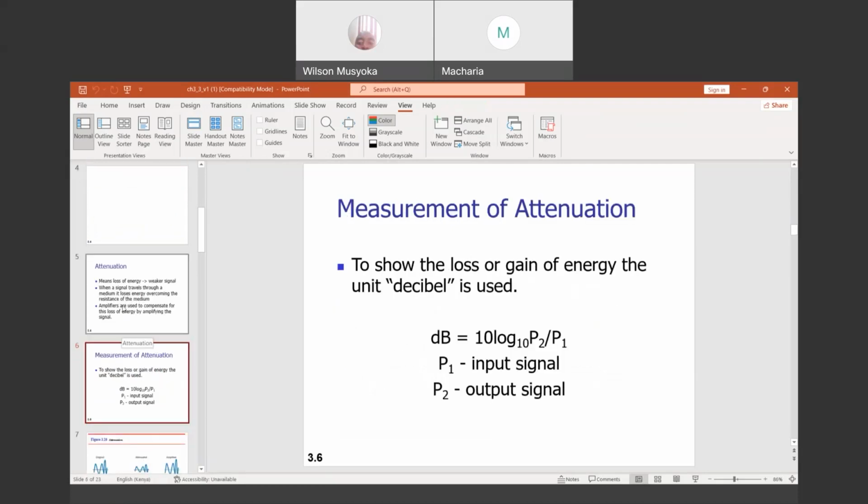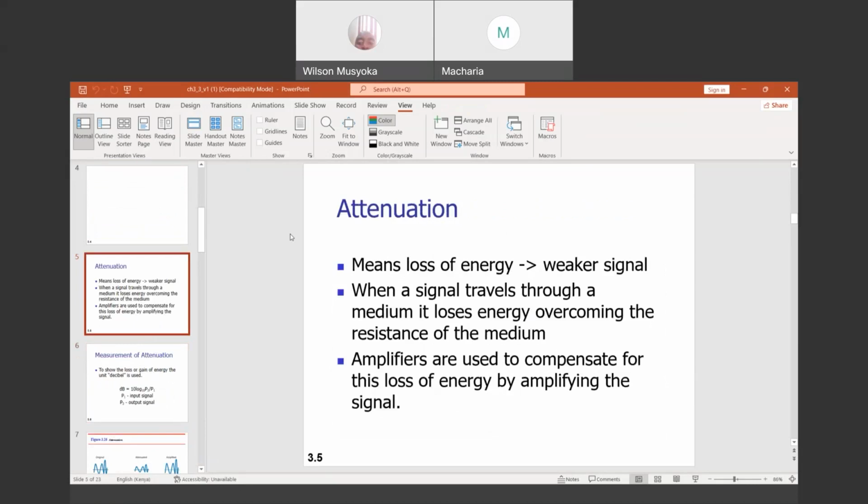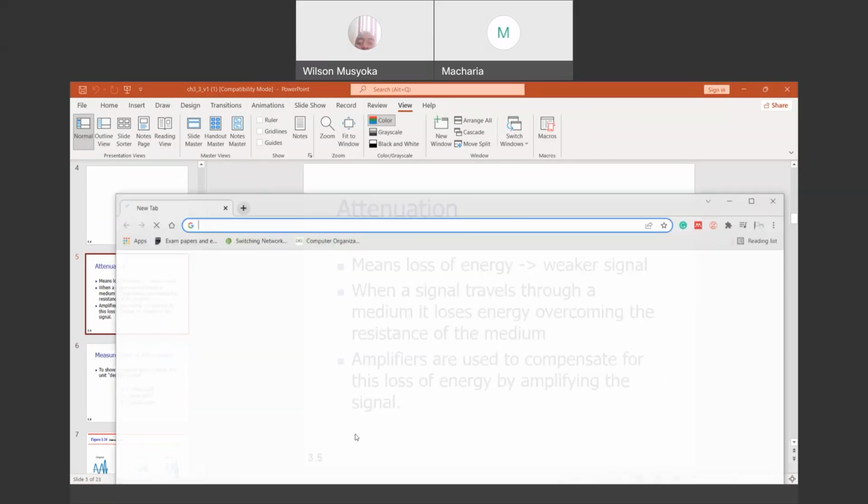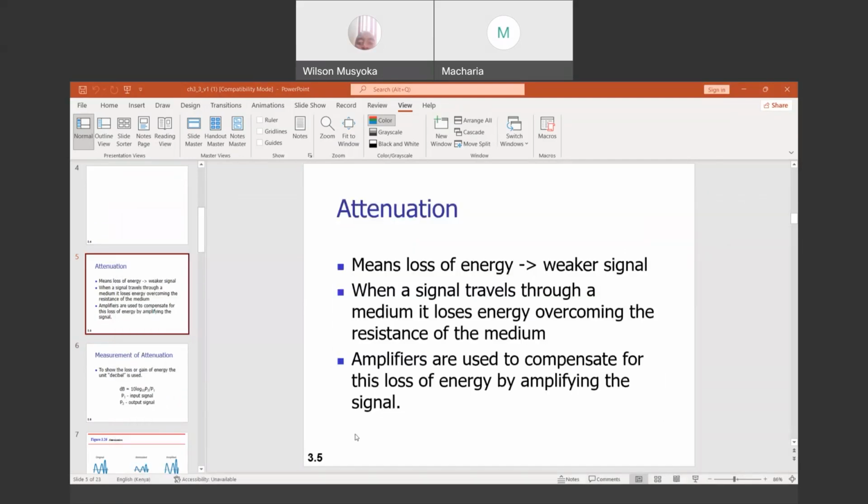Then we continue, or before we get there, just to explain that a little bit better, because when we are talking about the signal being attenuated, it is very important to understand how the attenuation takes place, and also how it is usually resolved.